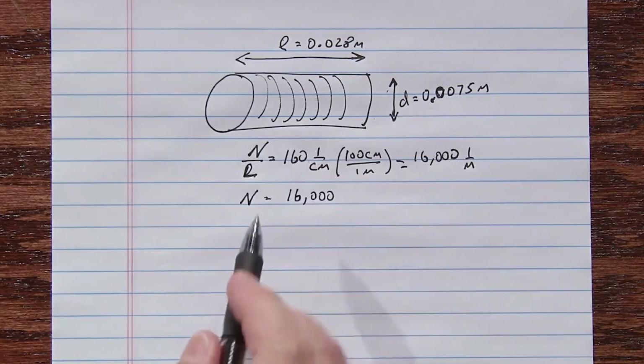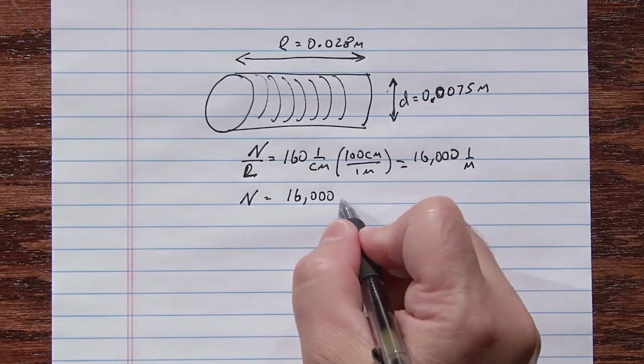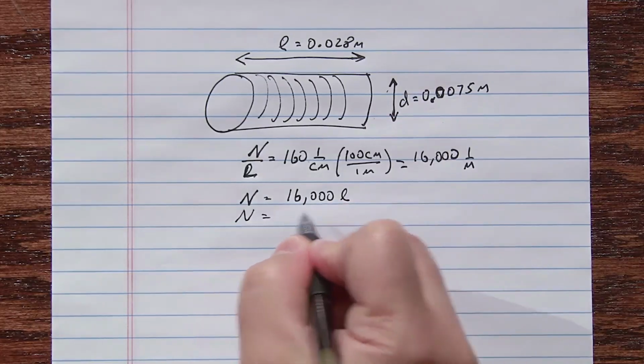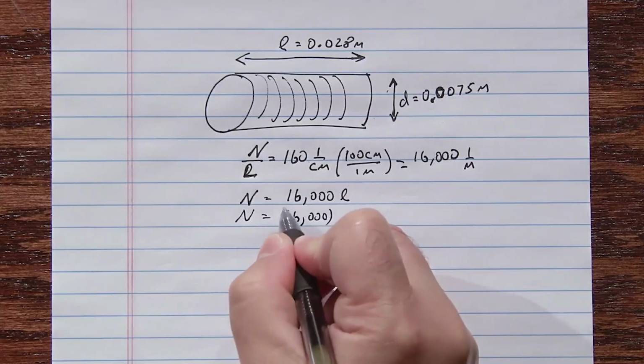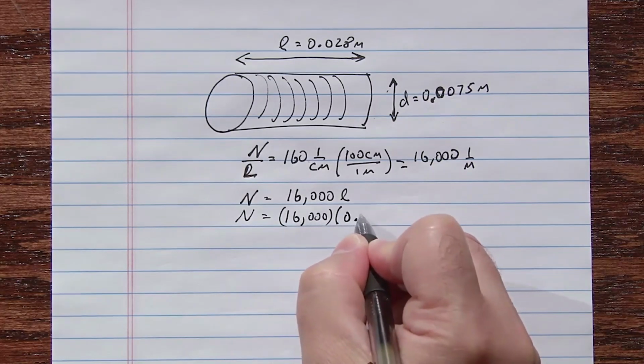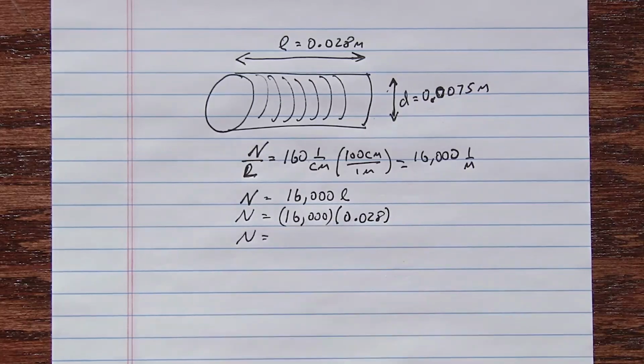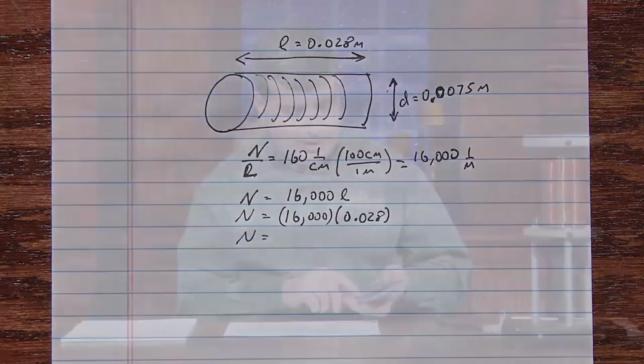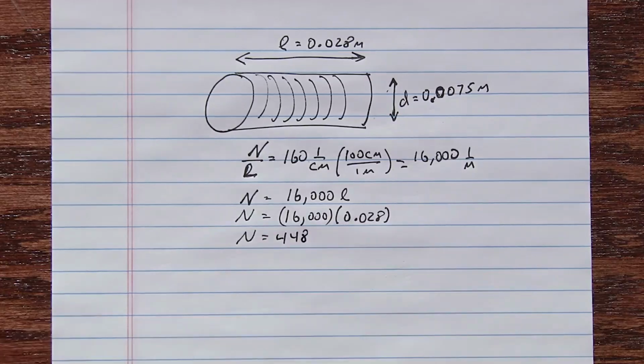So N over L is 16,000, so N is 16,000 times L, or the number of wraps is 16,000 times 0.028. That would be 448 wraps of wire.